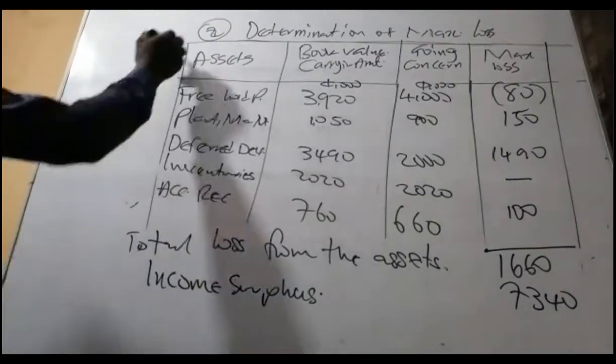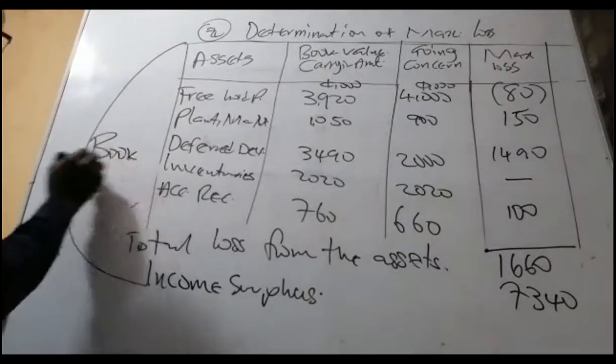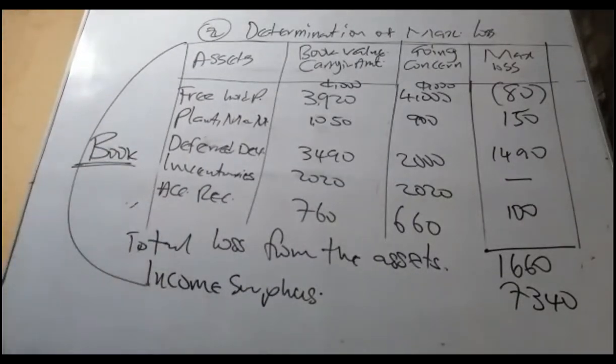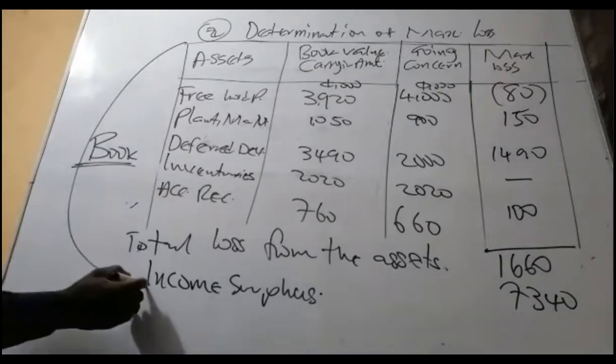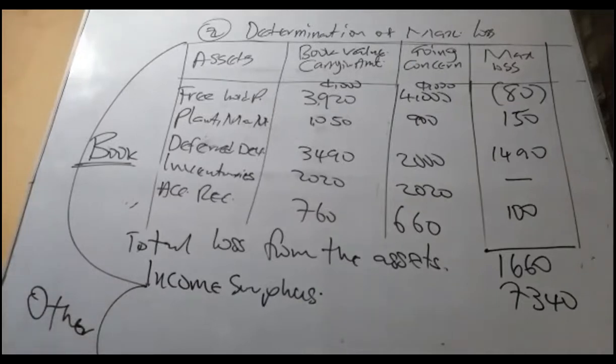So these losses are from the book, or from the balance sheet. Where are the other losses from? The footnotes. So check the footnotes. What are the other losses there? If you can find some of them, you are done. So let's go to the footnotes.